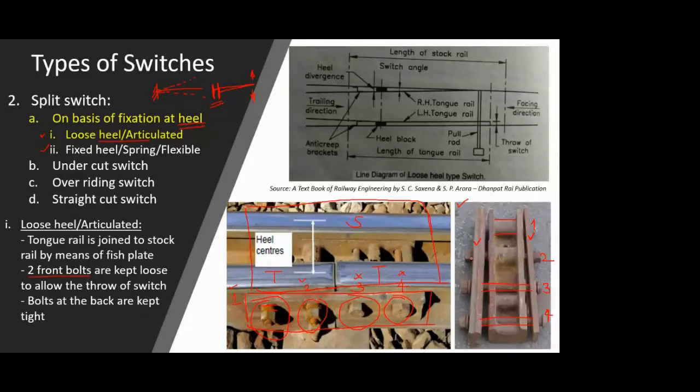The nut is just at the end and the bolt is inserted inside this. You can see there is a gap inside, so that movement of that nut due to the movement of the tongue rail is possible. So this is the type of switch we are discussing, loose heel or articulated type. It is provided so that there is a movement.